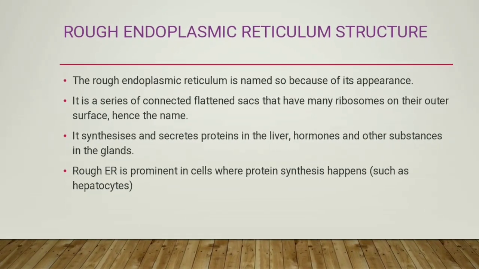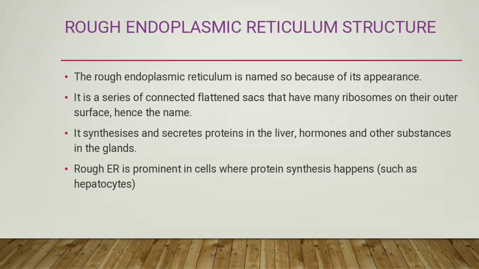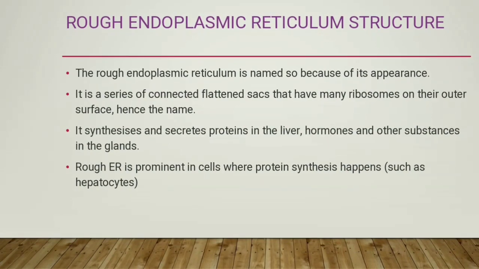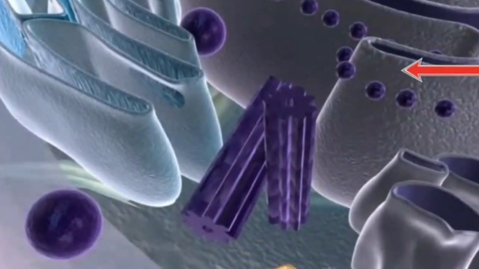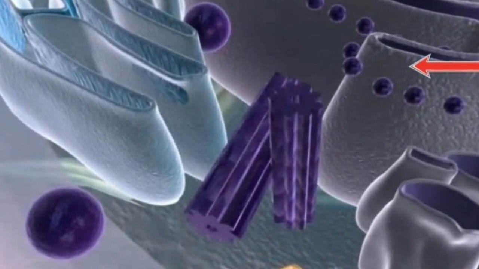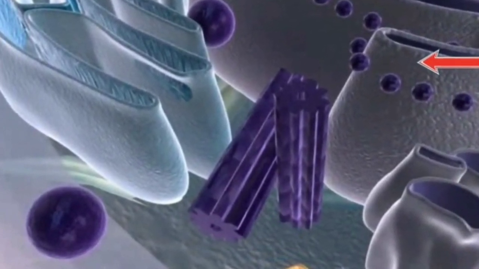Rough endoplasmic reticulum is prominent in cells where protein synthesis happens. This is the microscopic image of endoplasmic reticulum in an electron microscope. You can see its rough surface due to the presence of ribosomes on it. As ribosomes are present on the rough endoplasmic reticulum surface, its main function is to synthesize proteins.